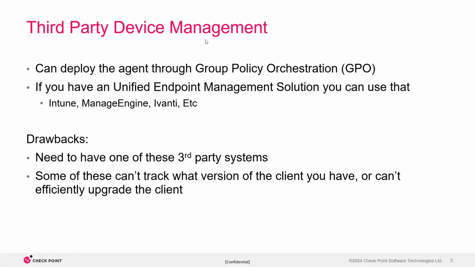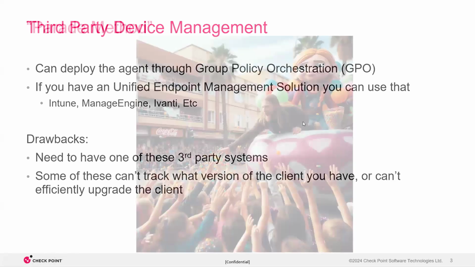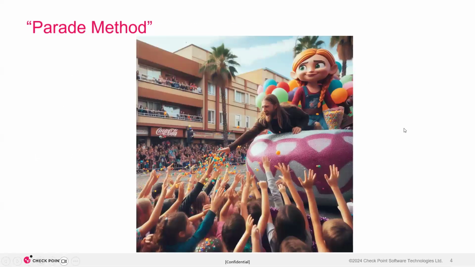The other way, which is a little less elegant, I call the parade method. And here you see an AI generated picture of a guy handing out candy at the parade, right?